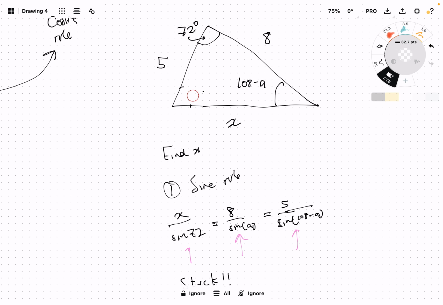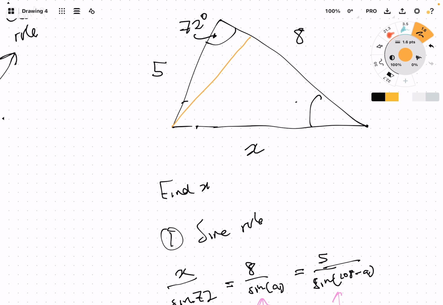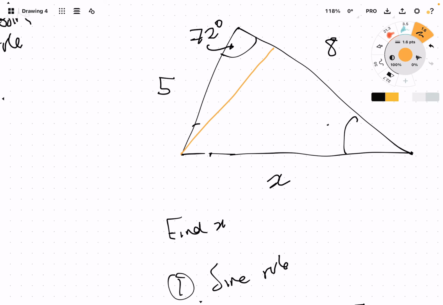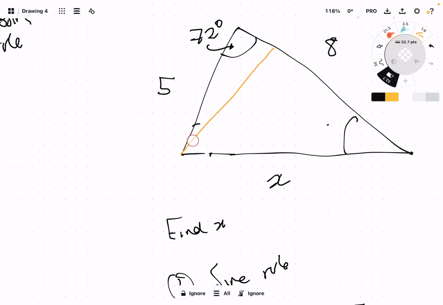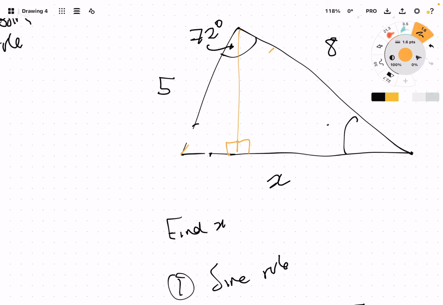Let's use our knowledge of right triangles and construct the right triangles we need. Maybe this line. Now, as you've probably seen from the derivation and the constructions in the sine rule problems, you probably shouldn't cut the 72-degree angle. So you really don't want to draw this line. If you draw this line, you cut the 72 and you don't know what happens to it.